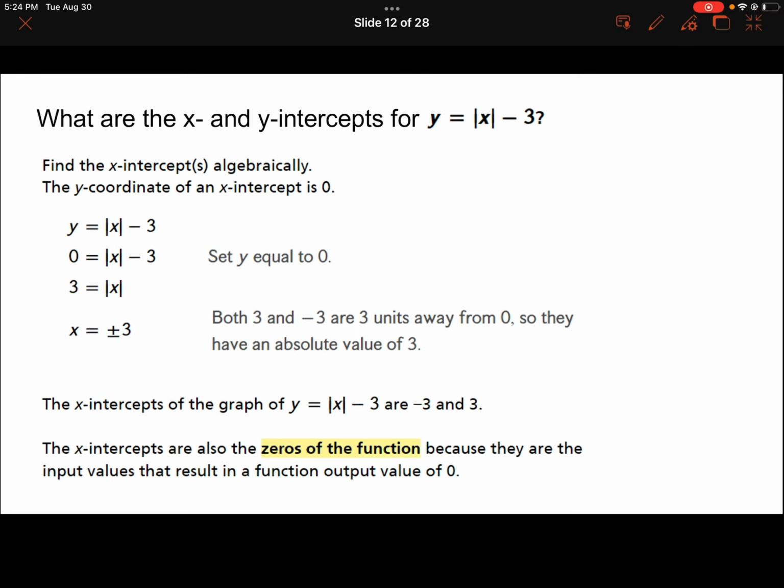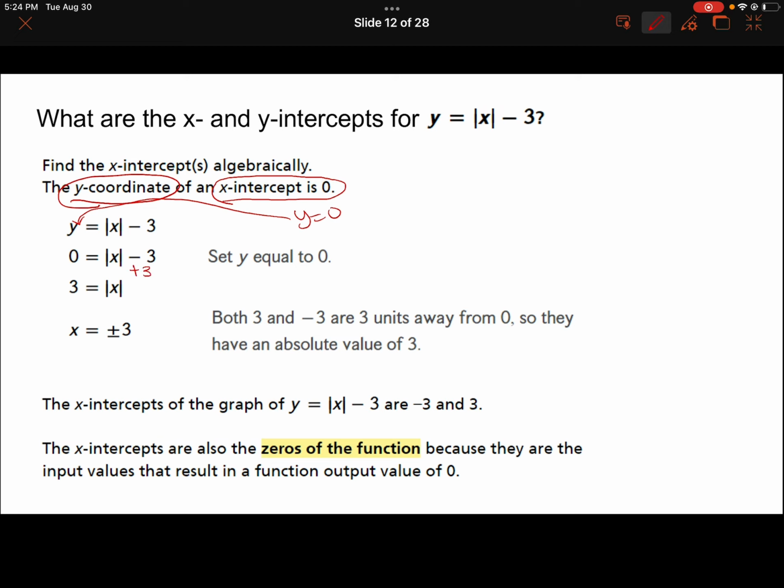For this one, the y-coordinate of an x-intercept is 0, so we make y equals 0. That's why we plugged in right here 0 for y. So we have 0 equals absolute value x minus 3.